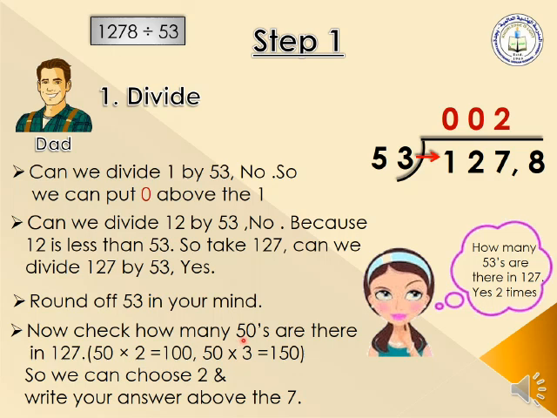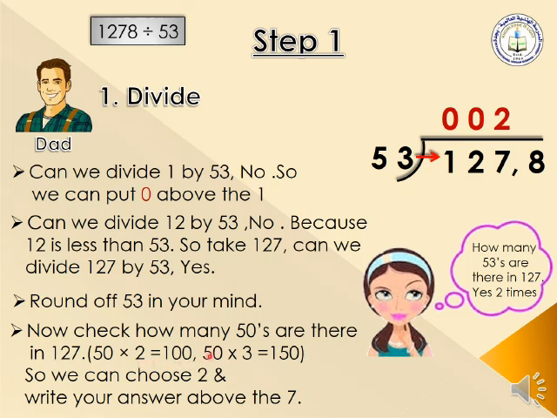Then check how many times 50 goes into 127. 50's table: 50 2's are 100, 50 3's are 150. When we take 3 times, it will be more than 127. 150 is more than 127. So we cannot take 3 times. Then go back to 2 times. That means 50 2's are 100.